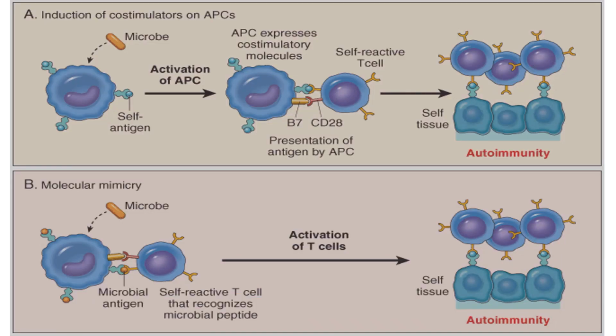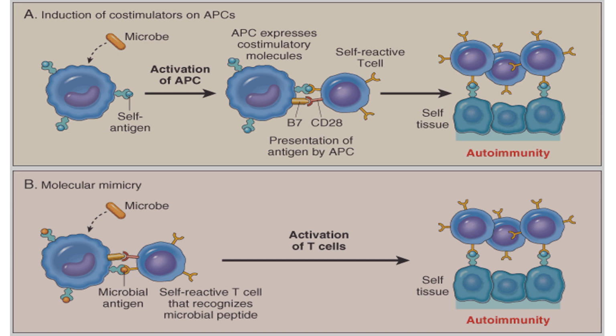And a very interesting slide, this slide: microbes influence the cell, activate self antigen, and self T cells activate. T cells connect with antigen presenting cells that express costimulatory molecules and cause disorders in tissue and cells.